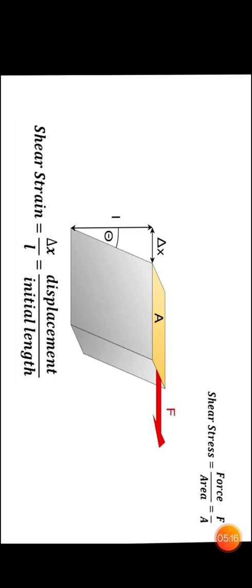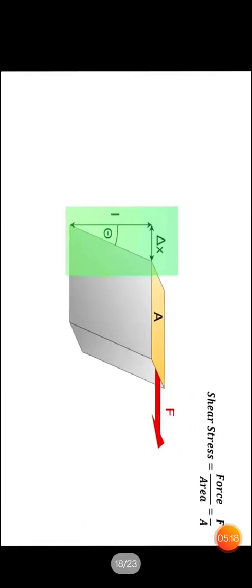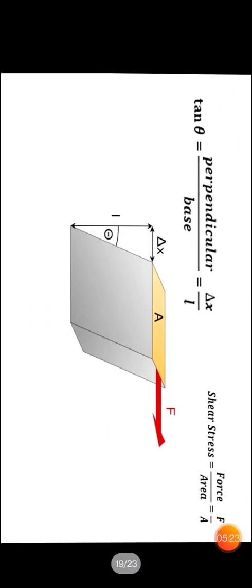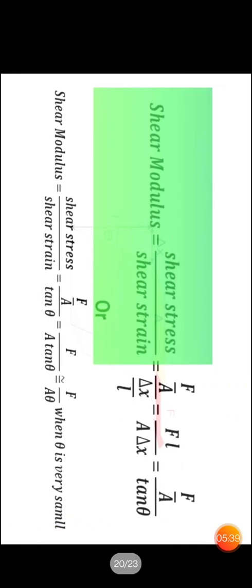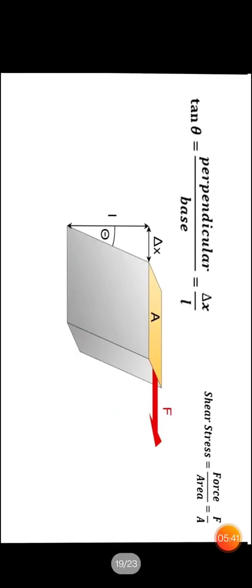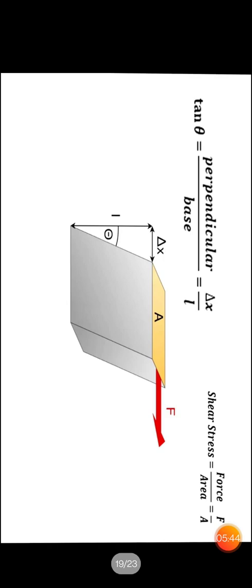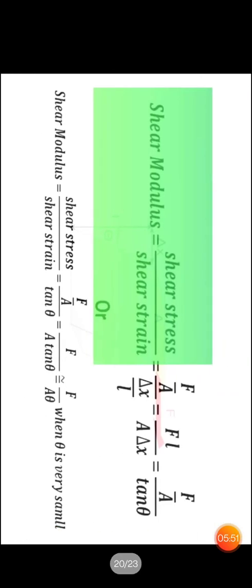Therefore, we get the equation tan theta is equal to perpendicular upon base, that is, delta x upon small l, and theta is the shear strain: delta x upon l is equal to tan theta.